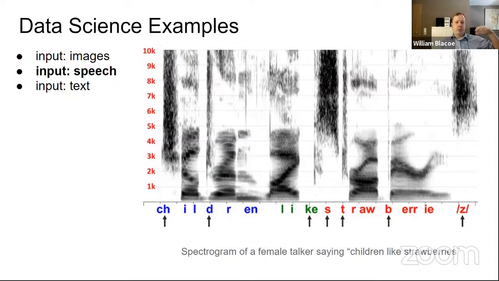This is the Fourier transform of that, so that on the y-axis are the different frequencies, and on the x-axis is the time, or the sounds that are being made when a female speaker says children like strawberries. And here you have ch, and here s, and here is z. And so these are at the top, and these vowels, for example, I, I, are at the bottom.